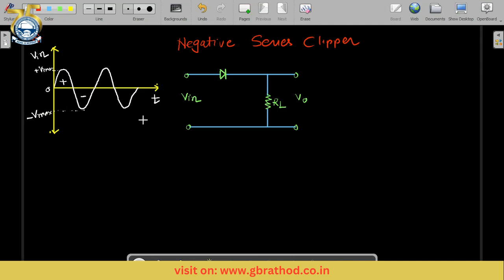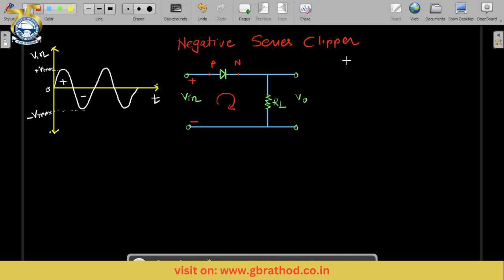Now we'll check for the positive and negative half cycles. First of all we'll apply the positive half cycle. Positive over here, current will flow this way, and negative will be here. So this terminal is P, or you can say anode. This is N, you can say cathode.